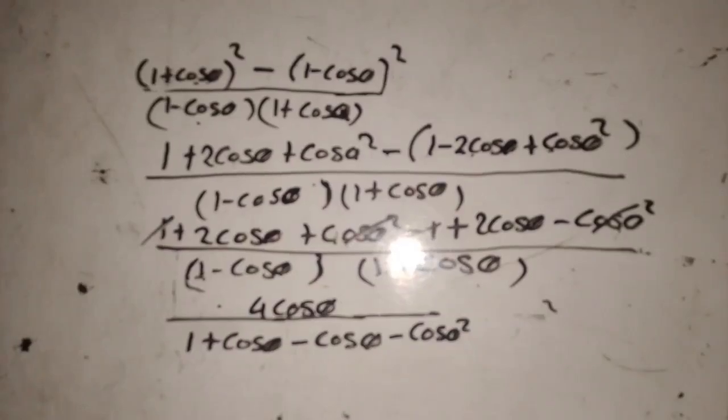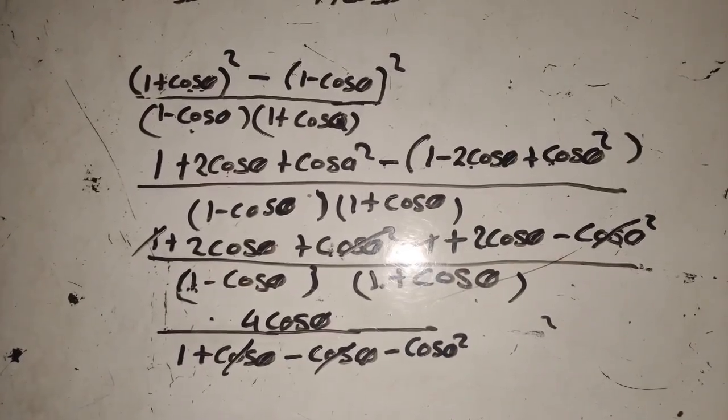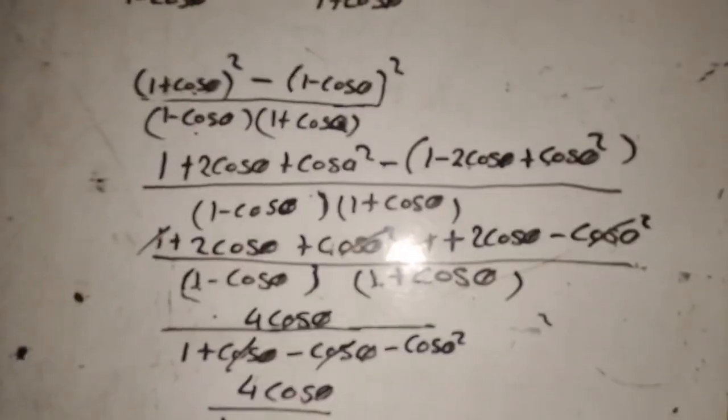If you see here, this and this will cancel. Cos theta minus cos theta is 0, so we remain with nothing. So we have 4 cos theta as our numerator over 1 minus cos theta squared.